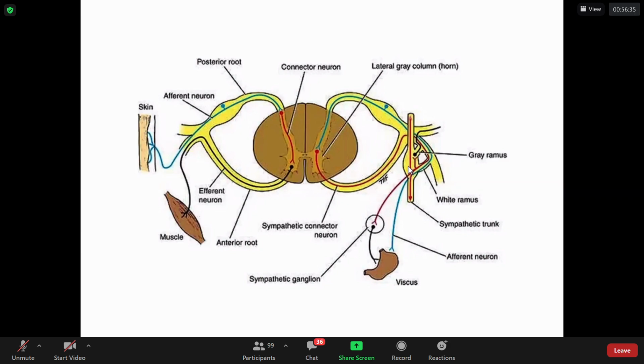Instead of terminating in this sympathetic chain ganglion, it may go upwards or downwards, ascend or descend. So these ascending or descending fibers are joined to form the chain or trunk.